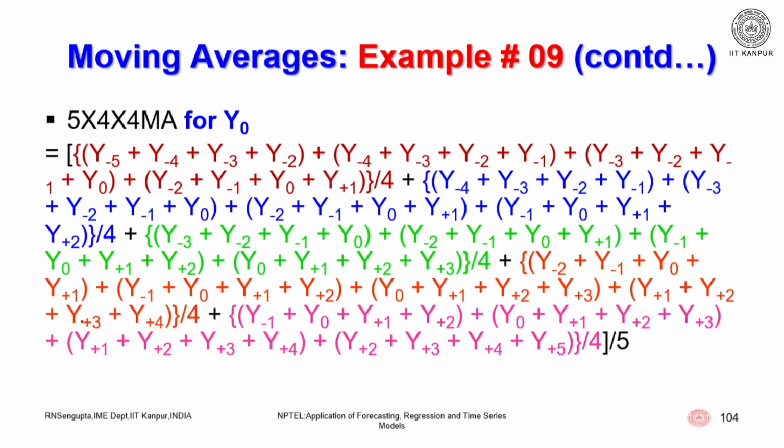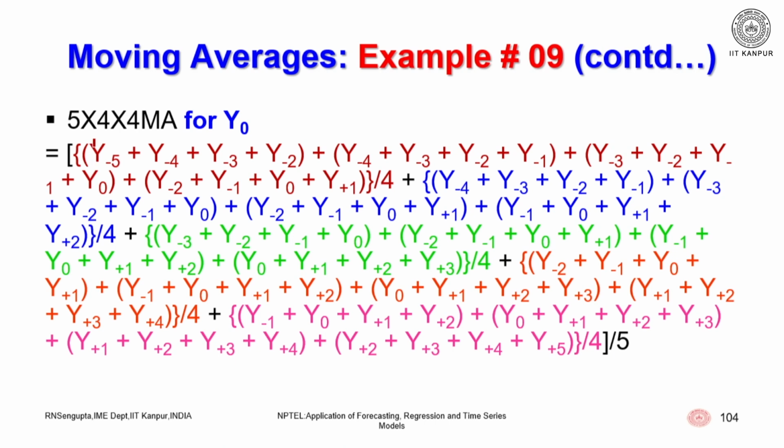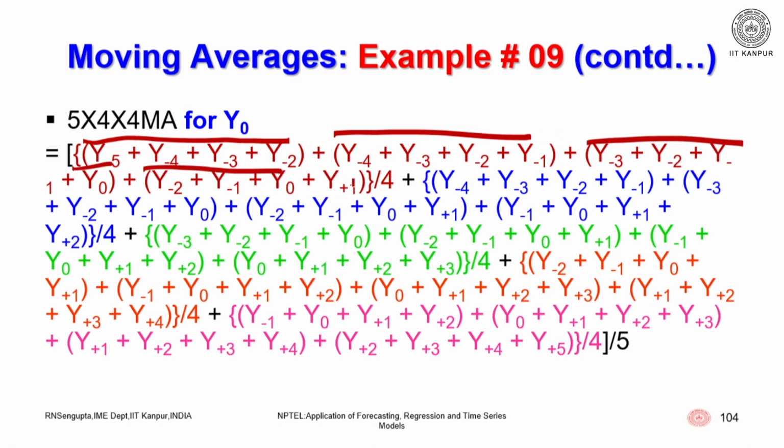So, there are 4 blocks. What is the first block? It is y minus 5, y minus 4, y minus 3, y minus 2. I would rather rephrase: this is the first element in the first block.